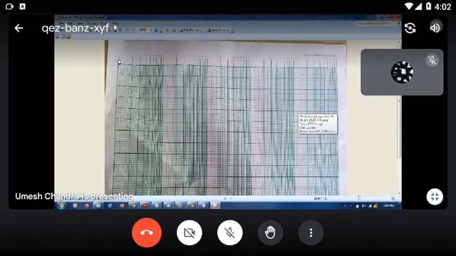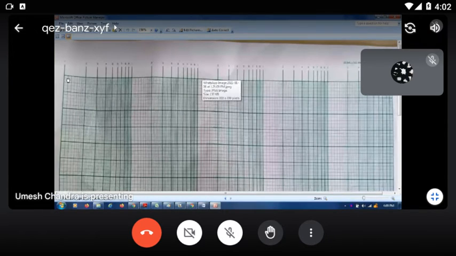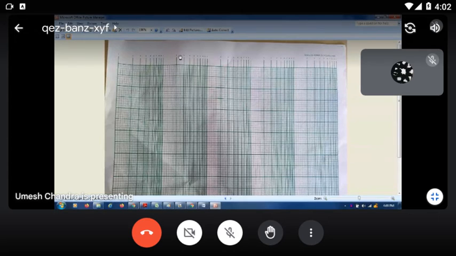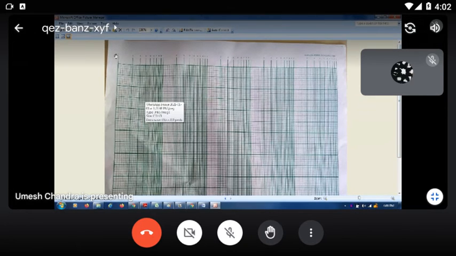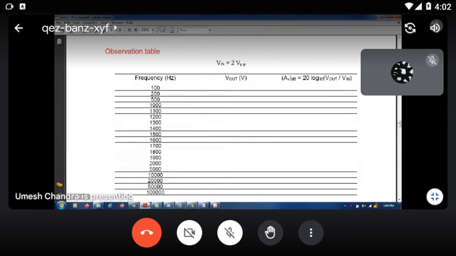In the semi-log paper some numbers are already written here. 1, 2, 3, 4, 5, 6, 7, 8, 9. Again 1, 2, 3, 4, 5, 6, 7, 8, 9. Again 1, again 2, 3, 4, 5, 6. Again 1 like that. Okay, 1 means your starting frequency is 100 hertz.